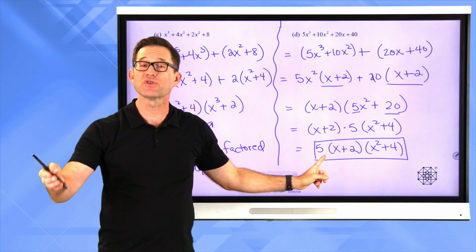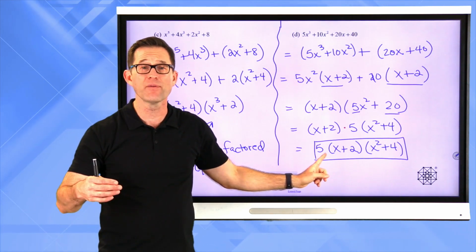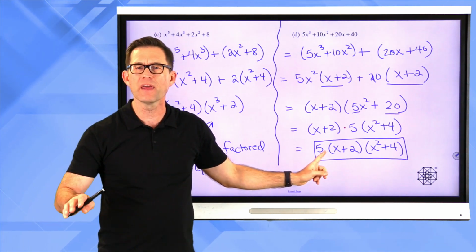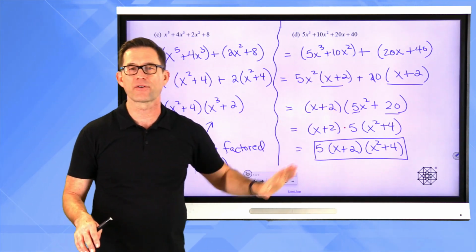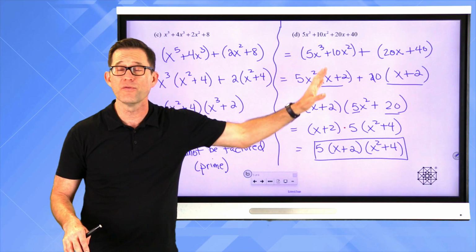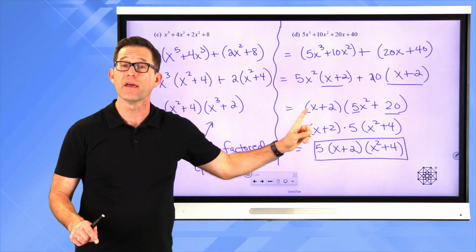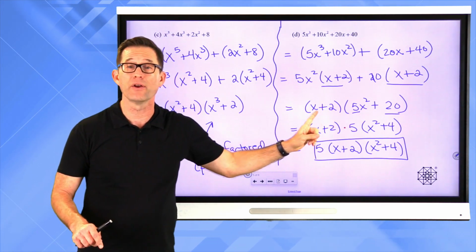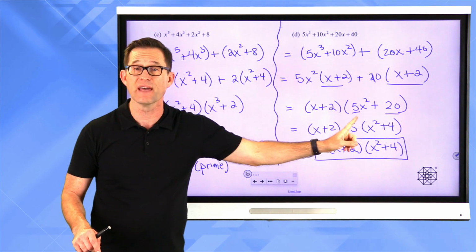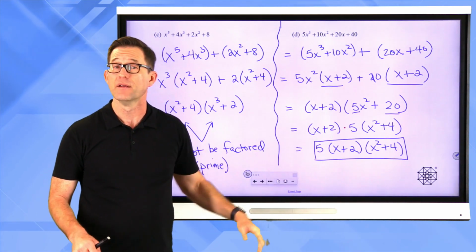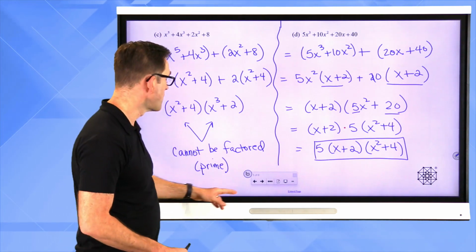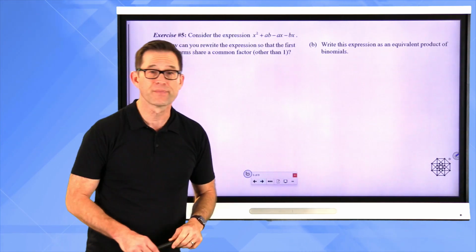And we could have actually factored that 5 out right from the beginning, and then gone through the process of factoring by grouping. Or we can do factoring by grouping, and at the end, if either one of our two binomial factors has a GCF, we can pull that GCF out, all right? Factoring is factoring. It doesn't really matter what steps you do it in.